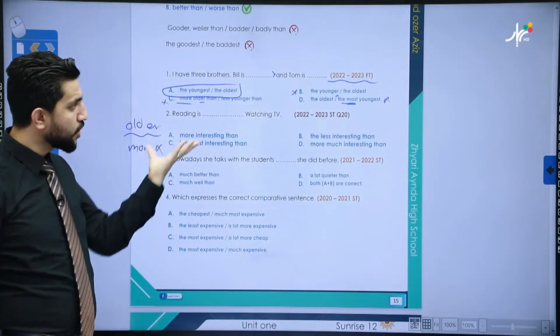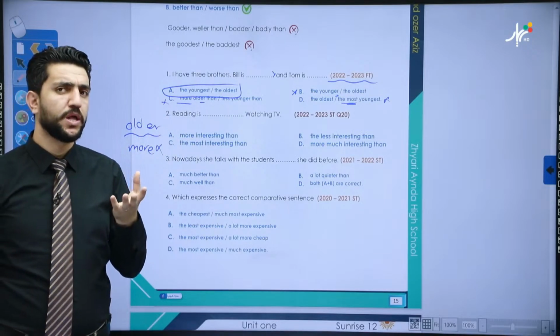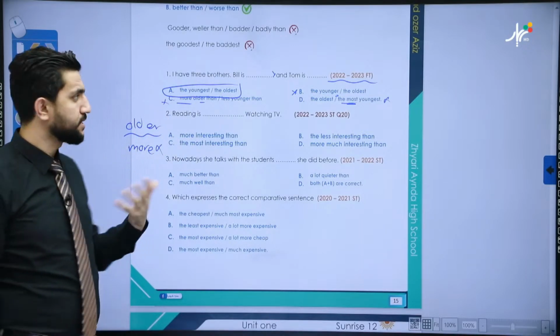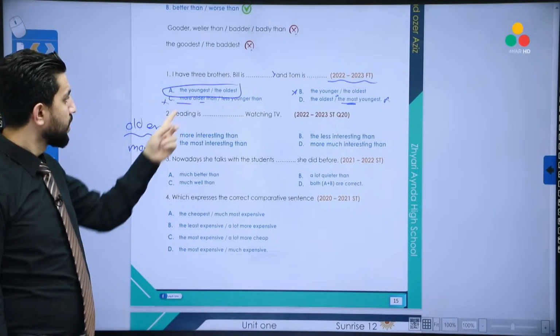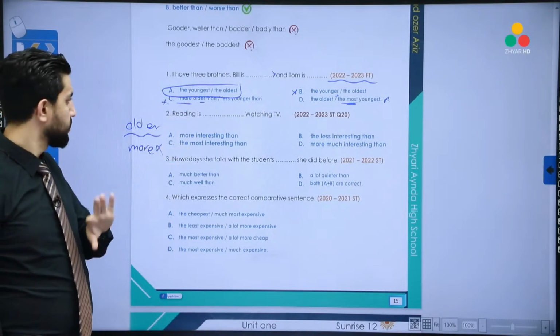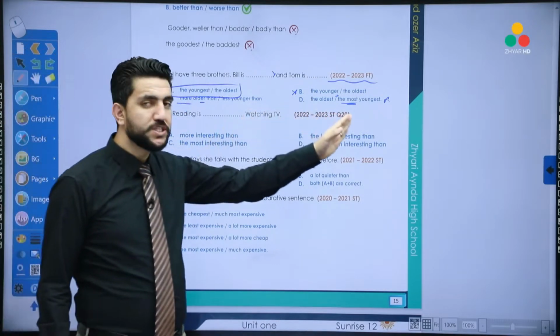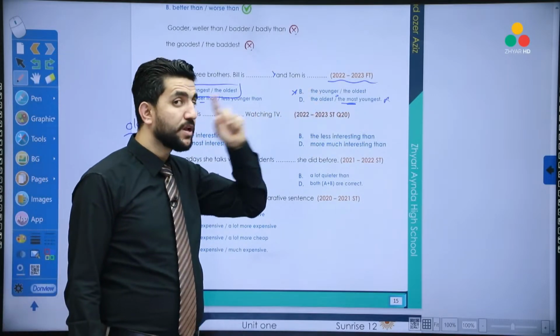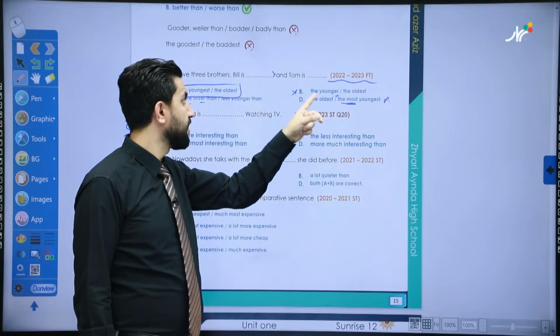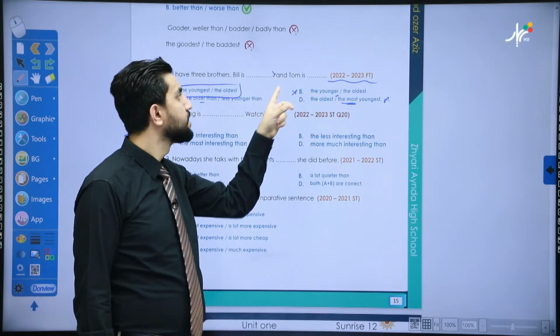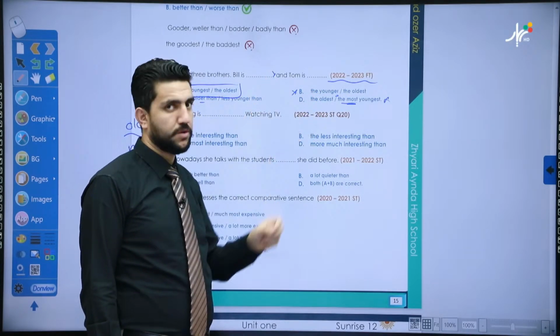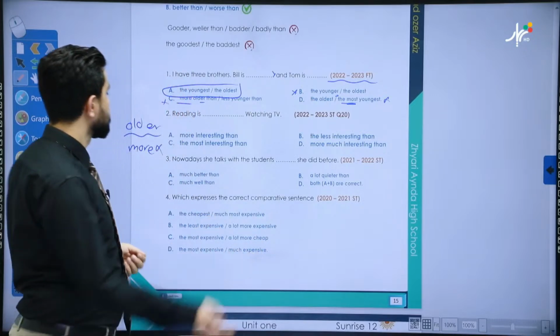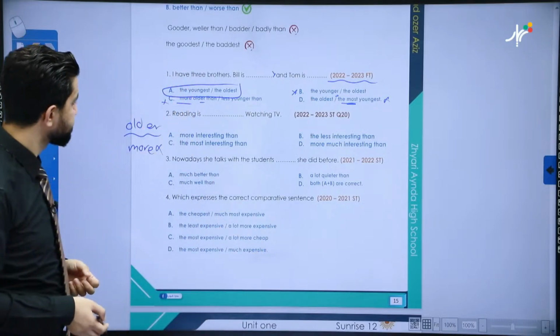For example, take a look. Which one do you think is completely wrong? And it's a common mistake. More older, we never have it this way. Wrong. Most youngest, wrong. The younger, in this one, you need to be aware of it, we need a than here. So since we don't have than, that's incorrect. Otherwise, it would have been correct. So A is the correct answer.